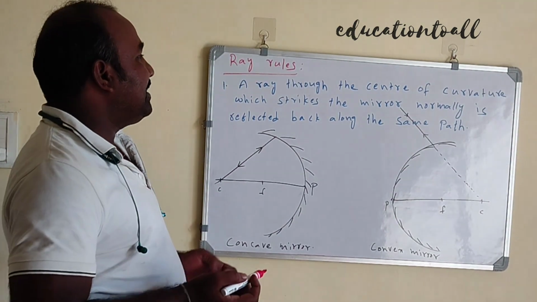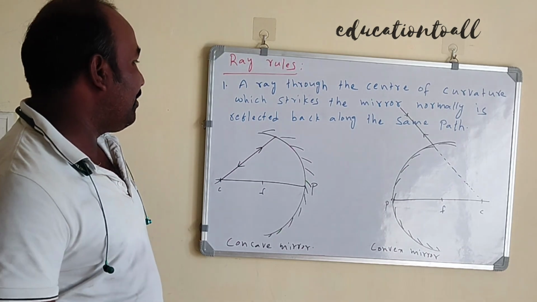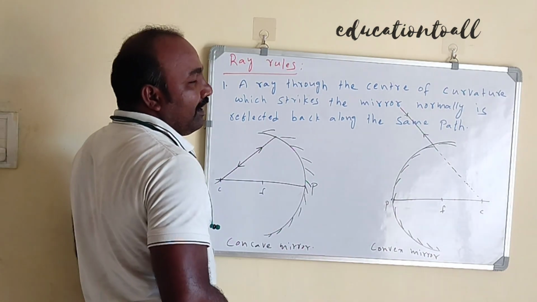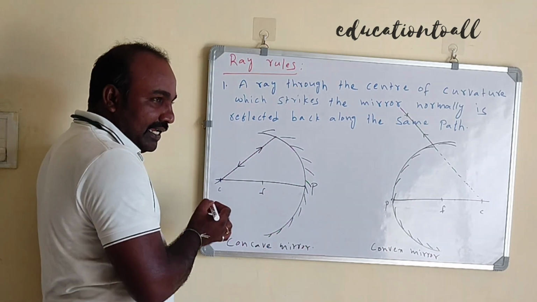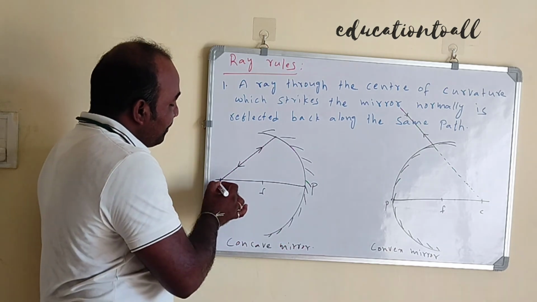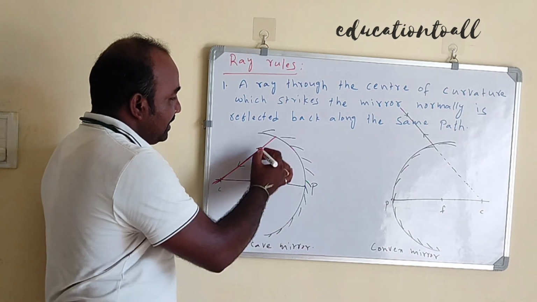So the first rule is, a ray through the center of curvature which strikes the mirror normally is reflected back along the same path. For example, in a concave mirror, the incident ray is traveling through the center of curvature. So this is the incident ray.